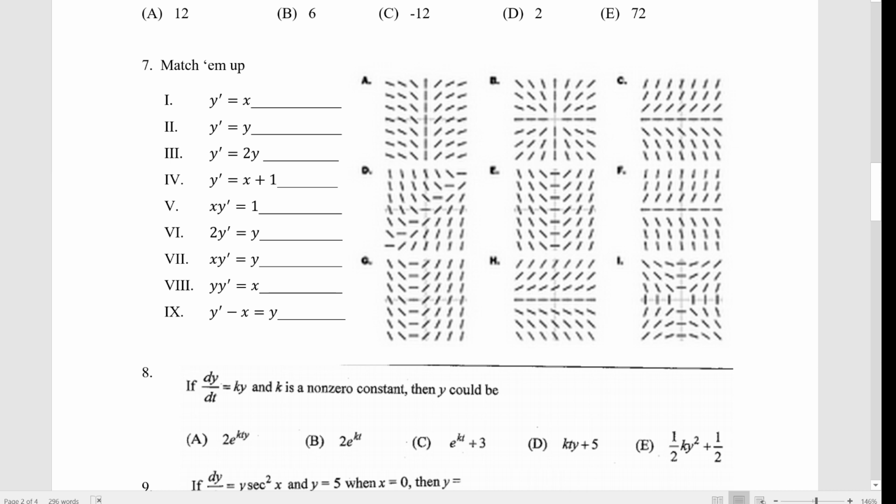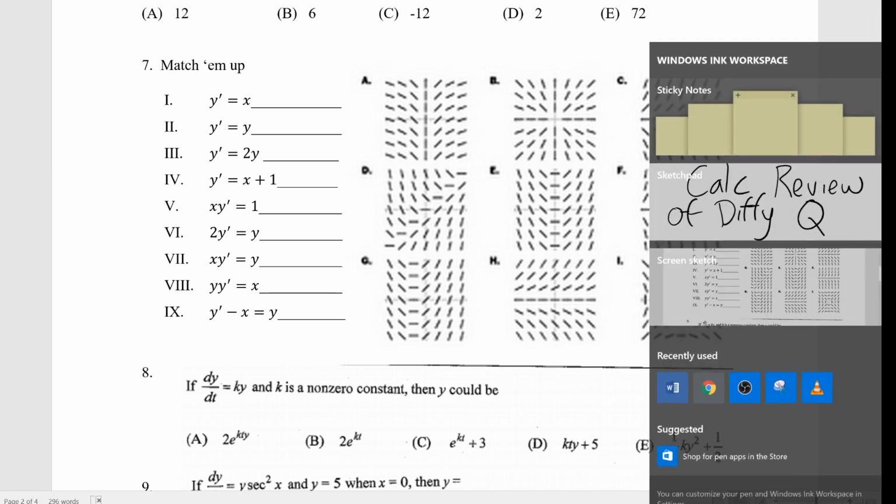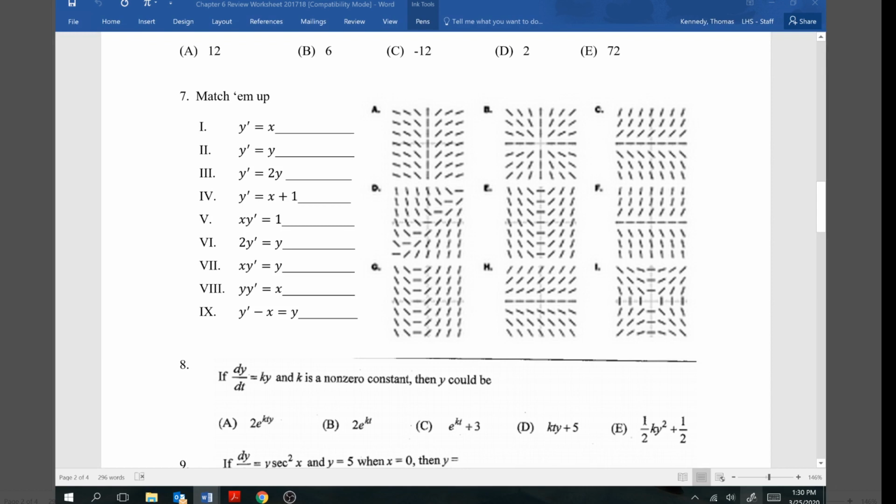Oh, you want to do the matching question, Raquel? So, the matching question's kind of fun. One of the easy ways to think about some of these is to just think about the parent, like if you integrated it.